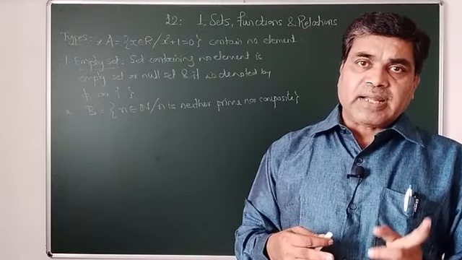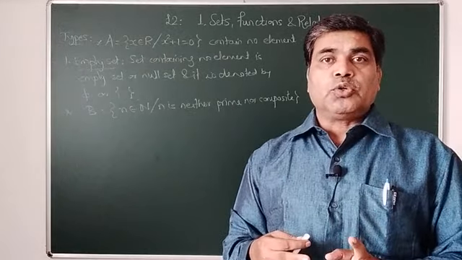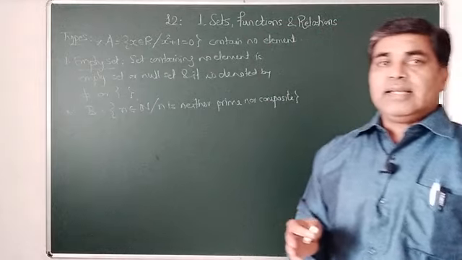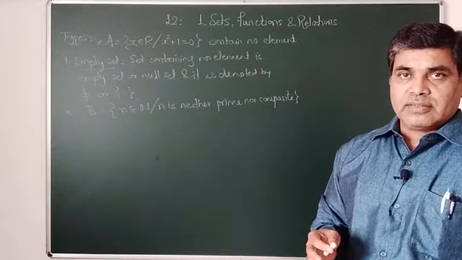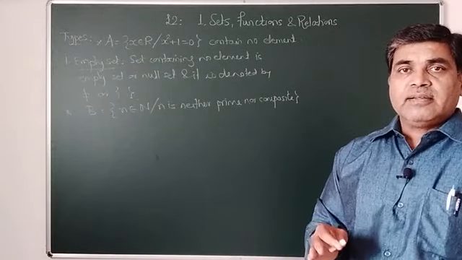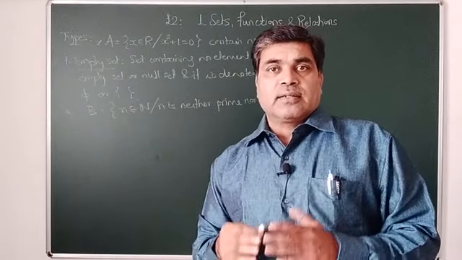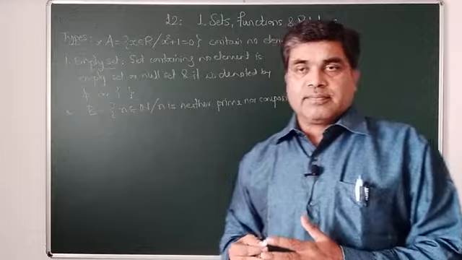So it has factors 2 and 4 other than 1 and itself. So 8 is a composite number. A number having a factor other than 1 and itself is known as a composite natural number.